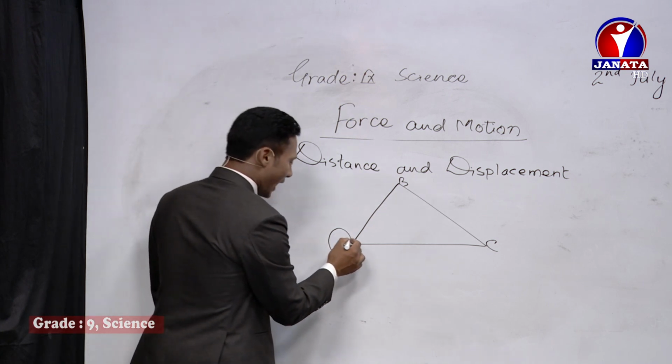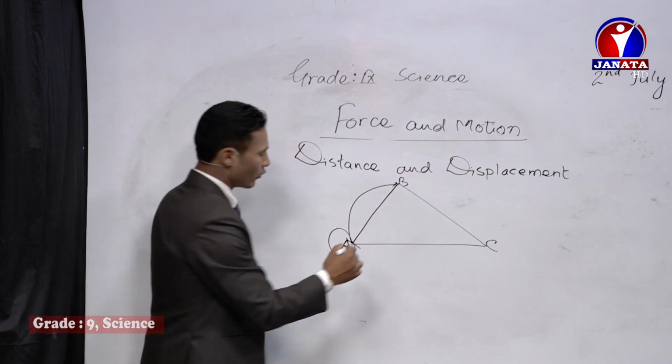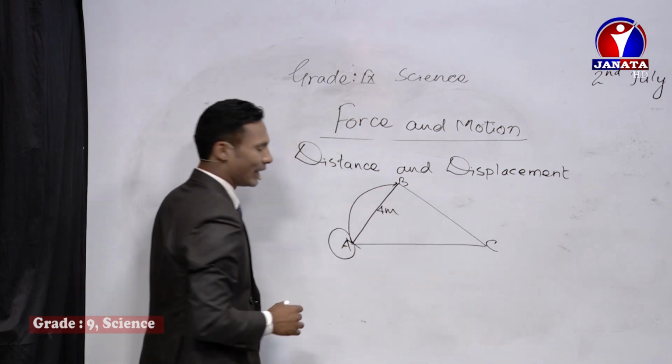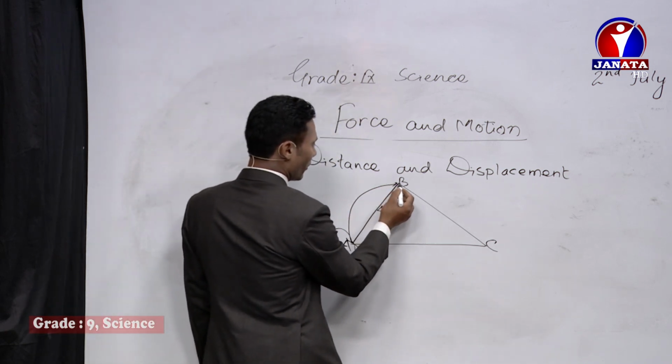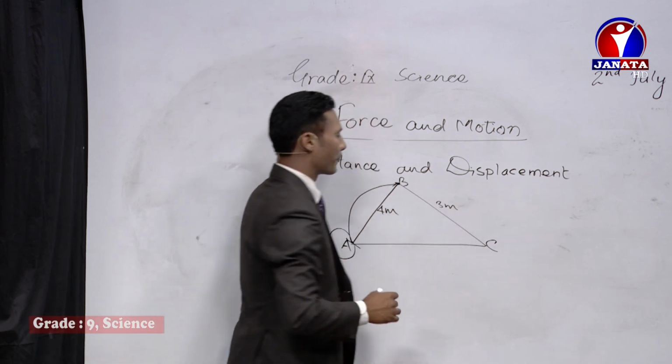He traveled from A to B, a distance of about 4 meters, right? Again, he traveled from point B to C, which is 3 meters, let's say.